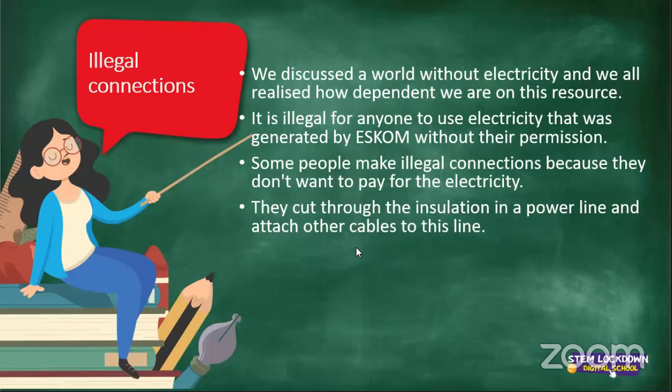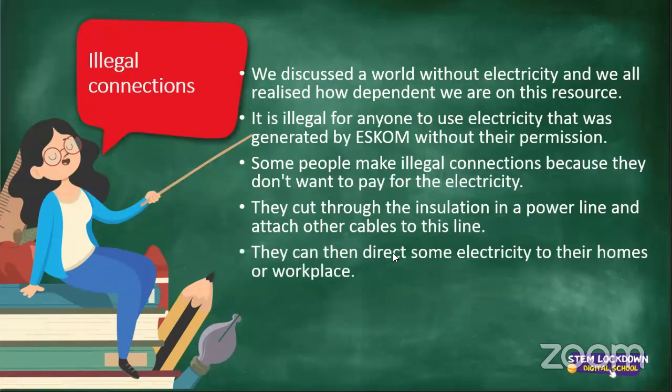If you do happen to see illegal connections, you're going to have to really stay away from them. They can then direct some electricity to their homes or workplace. As soon as people connect their own cables to the main power line, they can receive electricity in their homes or in their workplaces.